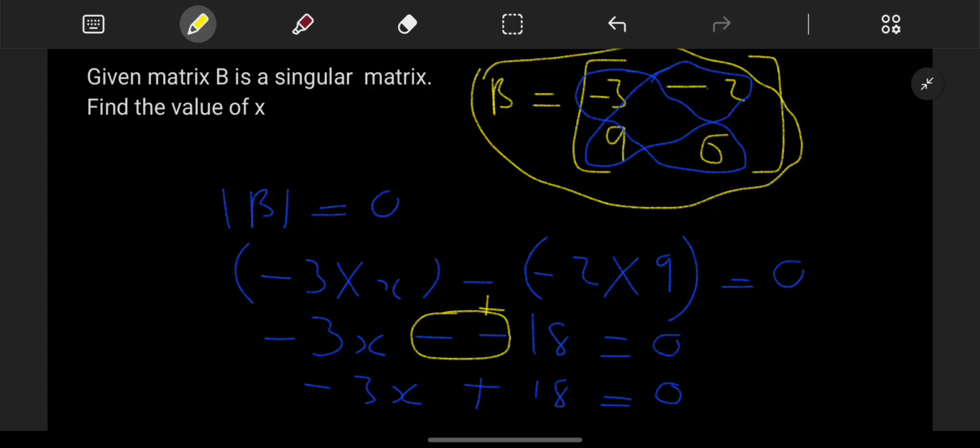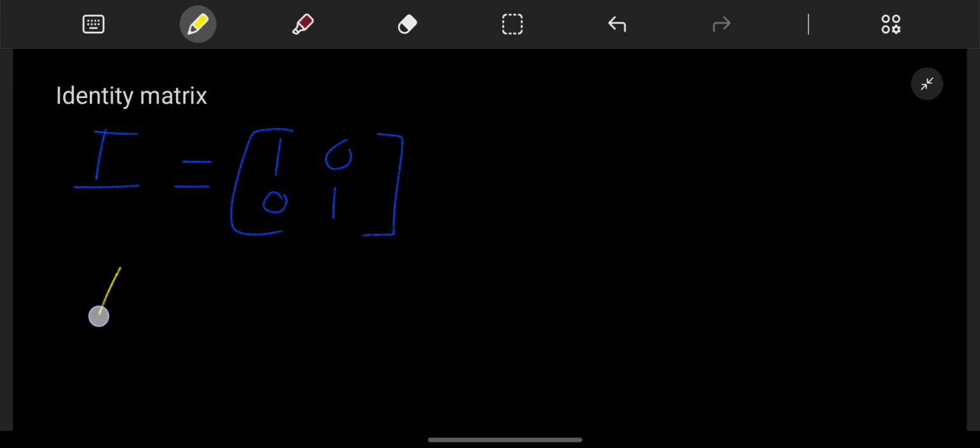Now let's move on to the identity matrix. Firstly, let's talk about the symbol. The symbol of an identity matrix is I, and for a 2 by 2, this matrix is equal to 1, 0, 0, 1. Every time you multiply, let's say, matrix A times its inverse, we're going to get an identity matrix.